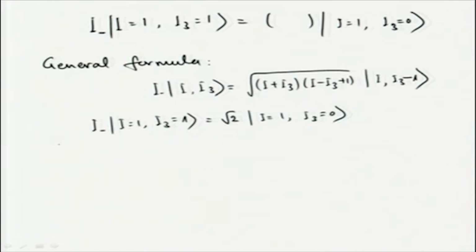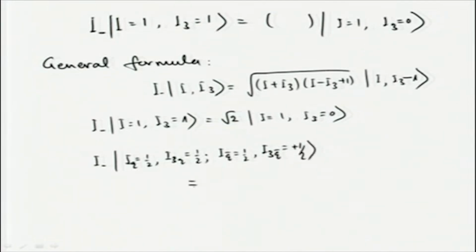Similarly, you can apply this I minus on I q equal to 1 by 2 on the right hand side of that equation. Earlier we had I3 q equal to half, I q bar equal to half, I3 q bar equal to plus half.